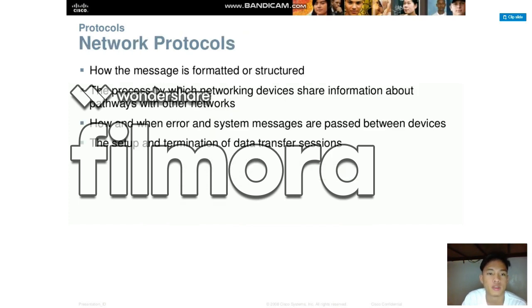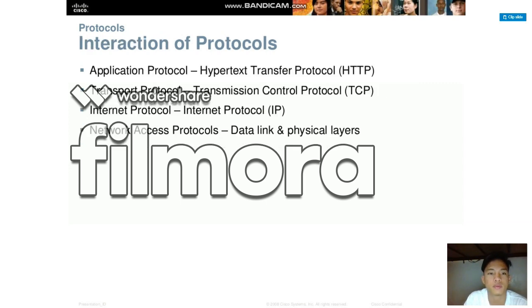Network protocols cover how the message is formatted or structured, the process by which networking devices share information about pathways with other networks, how and when error and system messages are passed between devices, and the setup and termination of data transfer sessions. Interaction of protocols: application protocol, transport protocol, internet protocol, and network access protocol.